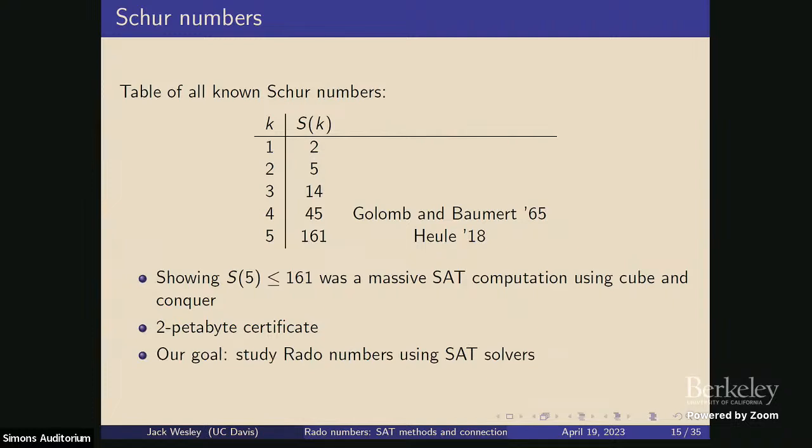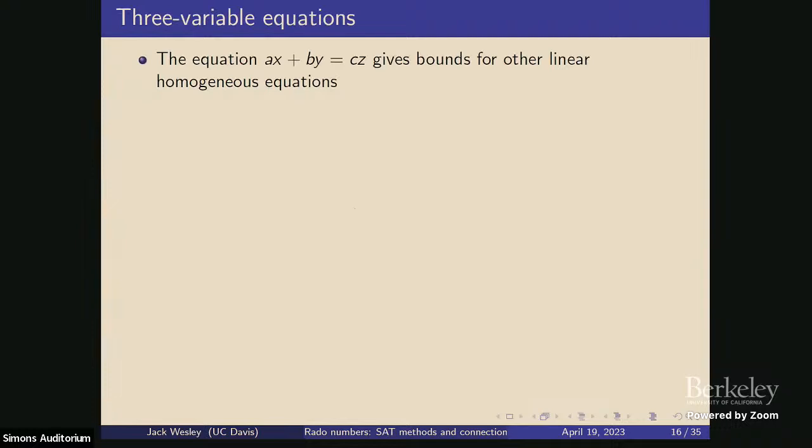But okay, there are many ways you can go with Rado numbers. It's not so obvious what should be studied. But we settled on this 3-variable case. 2 variables is not so interesting. It's totally known. But 3 variables still has a lot of unanswered questions.